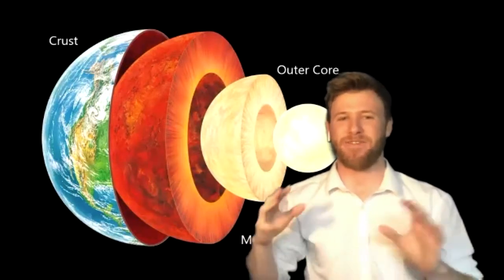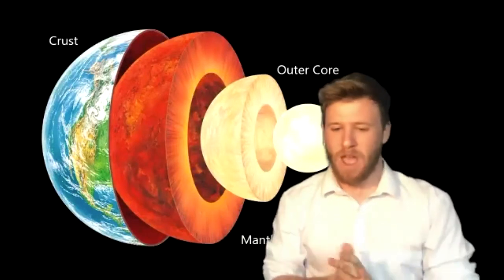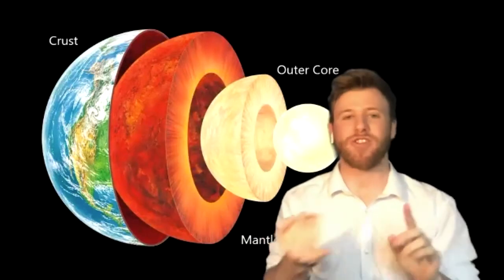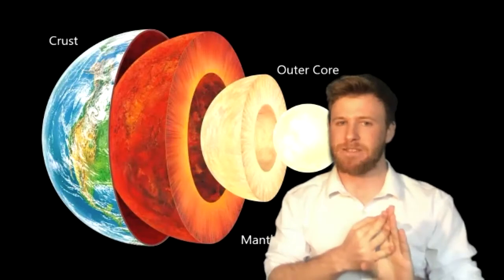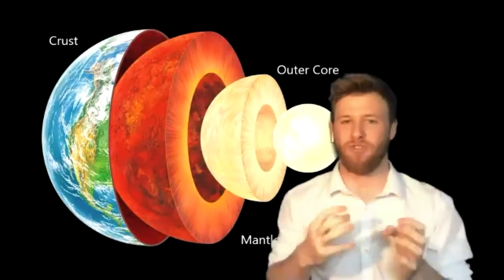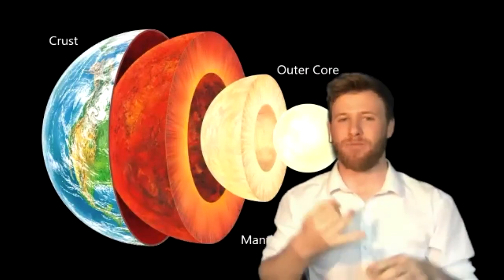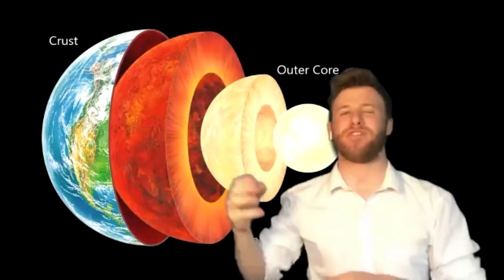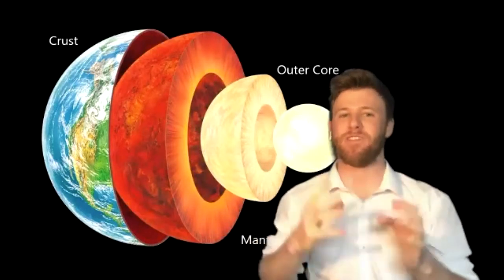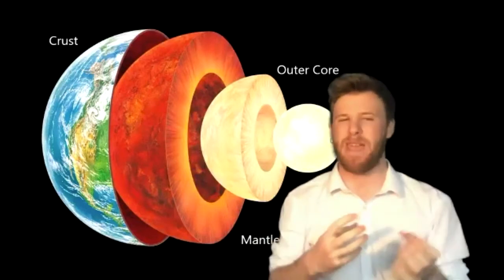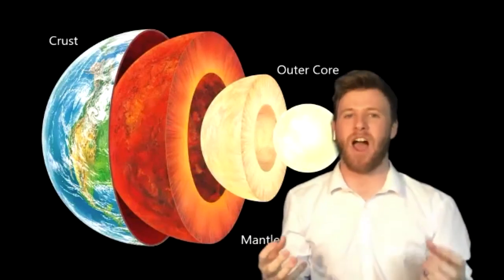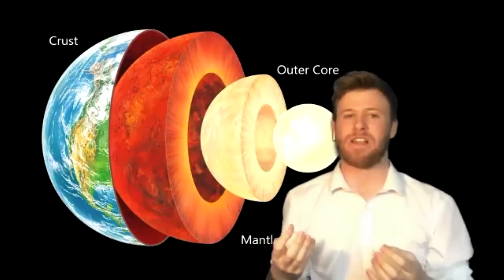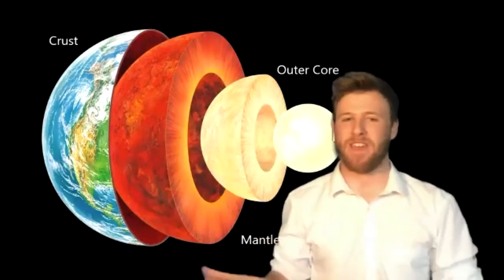The crust needs to be a solid so that we can live on it. It's made up of oxygen, granite, and iron, mainly. Granite is a really, really hard rock. When we're talking about oxygen, we're not talking about the oxygen in the air. It's solid oxygen that has formed with other metals like gold, silver, iron, and nickel, and made the Earth's crust itself.